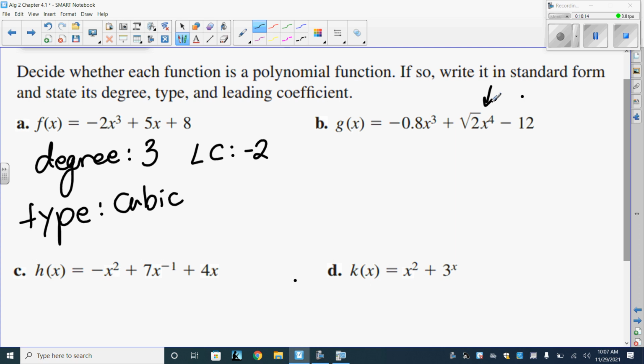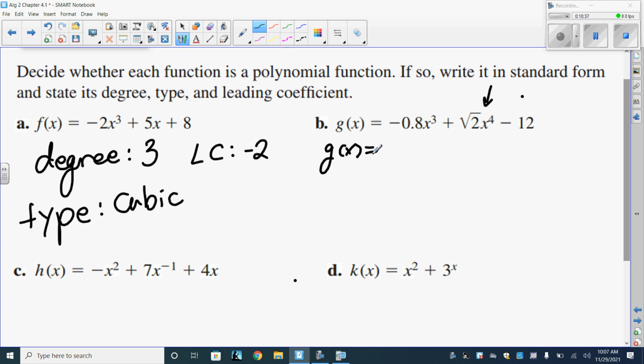Do we have any variables multiplied together? No. Do we have variables in the bottom of a fraction? So is this a polynomial function? Yes. Is it written in standard form? No. So we can say g of x is equal to, well, what needs to go first? Square root of 2x to the fourth.